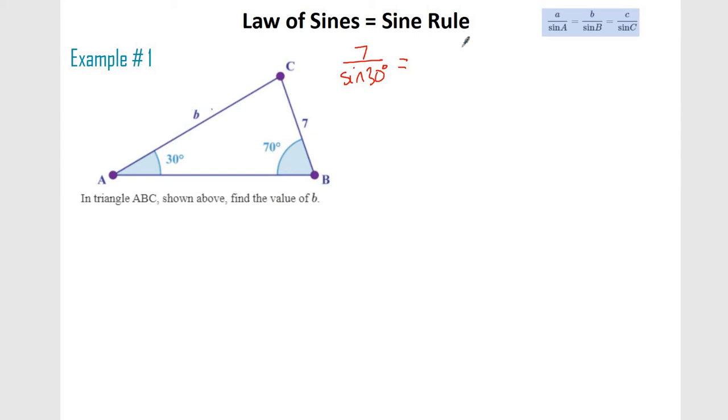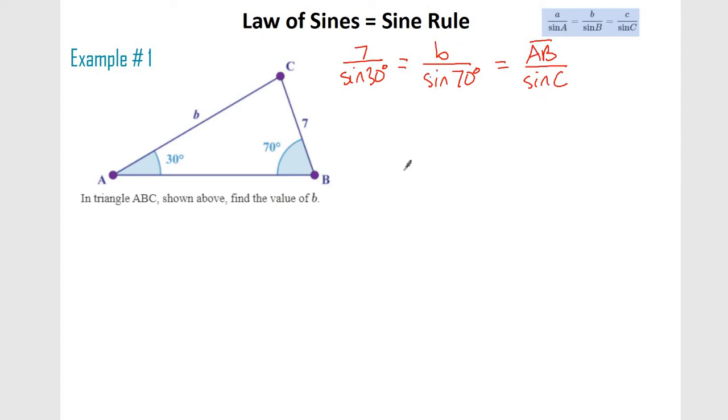That side length is B over sine of 70. We can even keep going with this piece. The length of AB over the sine of angle C. So here obviously this one's not as useful, so we're going to continue with this.